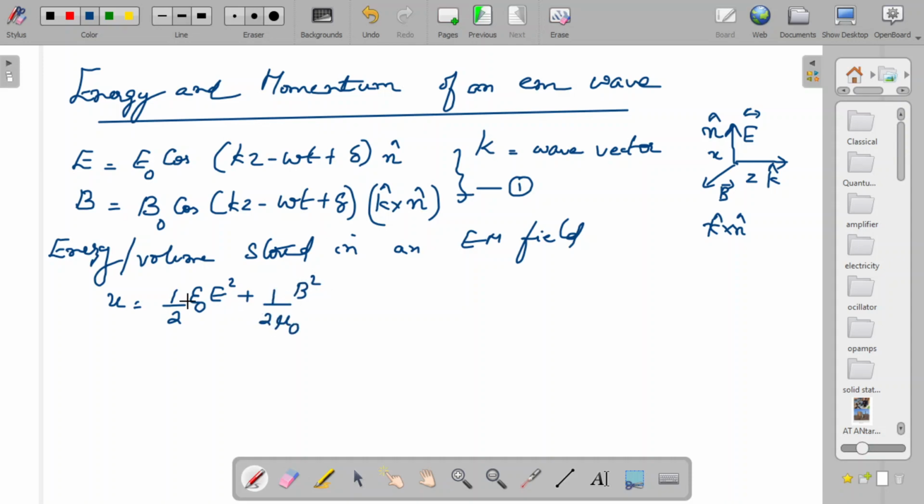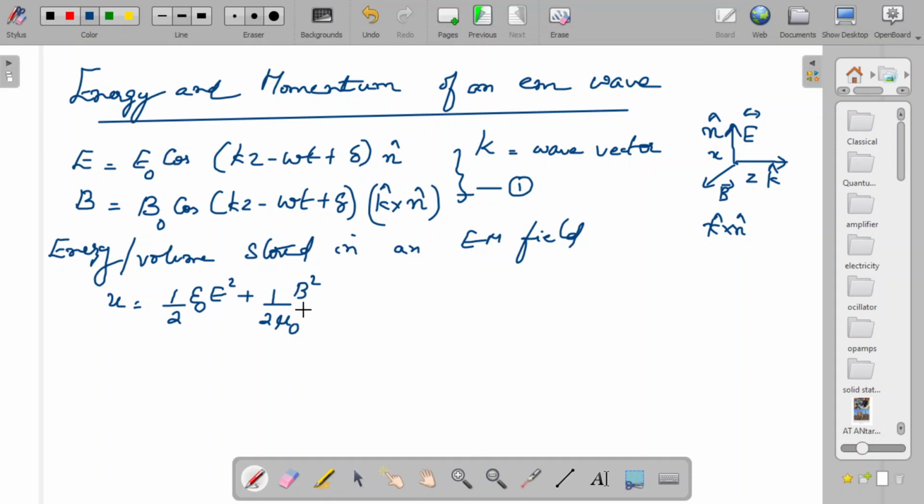This we also understood in the section where we discussed the Poynting vector. This is the energy per unit volume stored in an electromagnetic field. This is the portion of the energy contributed by the electric field, and this is the portion contributed by the magnetic field.